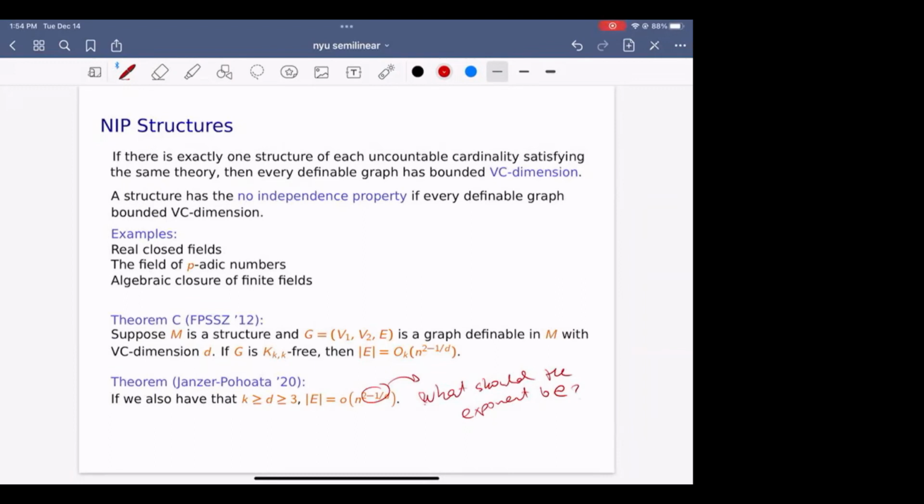No, it's just saying that if you have a graph that is semi-algebraic for some fixed complexity, and if the formula that defines that relation has VC dimension d, then this is the upper bound. So the theorem itself is not first order expressible. It's about definable graphs in whatever structure you are in. I see. Okay.